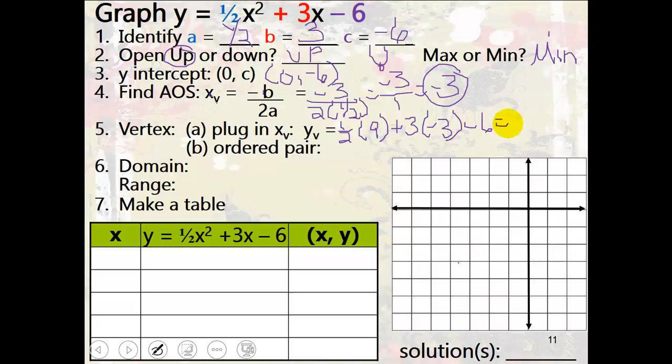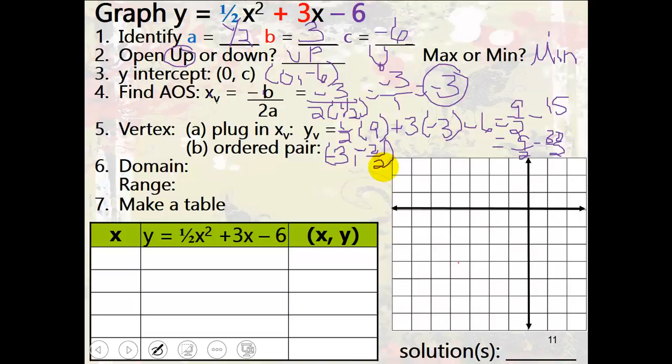So this gives me 9/2 minus 15. Well, that's going to be 9/2 minus 30/2. So my vertex is negative 3, negative 21/2, which is negative 10.5.